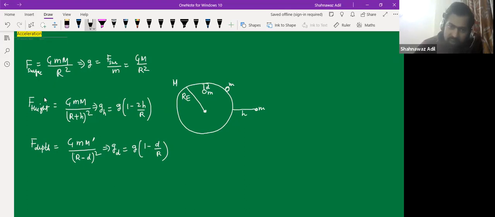You already know how we get these results, so the derivation is not that important. You remember the derivation. Let me write all the things. M is the mass of the Earth.